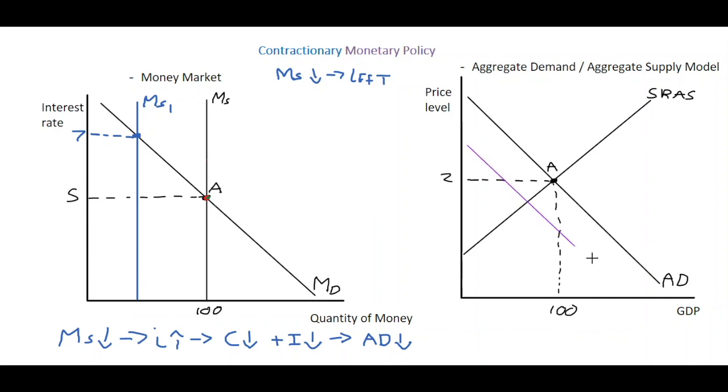So the aggregate demand curve shifts leftwards in our right hand side model, and that means that aggregate demand is over this side here at AD1. We will show a shift leftwards, and at the constant price level, the aggregate demand curve now has shifted over to the left to this point here.